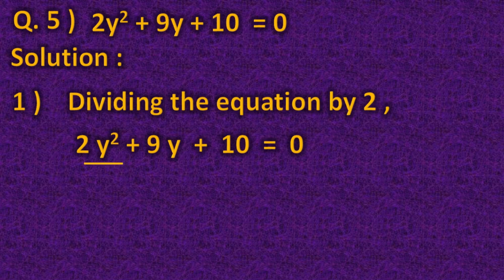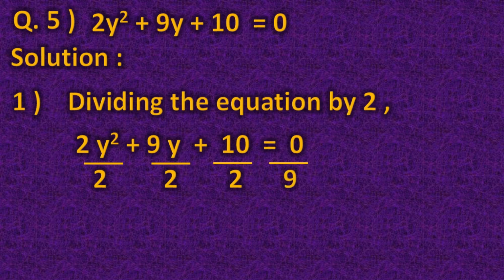So first term we are dividing by 2, then second term by 2, third term divide by 2, and don't forget to divide the fourth term also. Fourth term divided by 2.